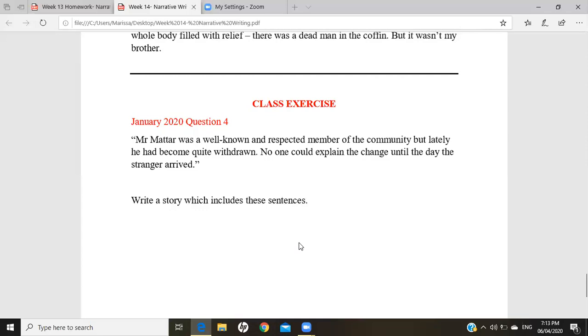Miss, we have to do this question now? No, you're doing this for homework. You have to write this essay for homework. Okay. Anyone has any questions about this exercise, or anything that was mentioned in the handout? Or anything about short story that you need some clarification on?